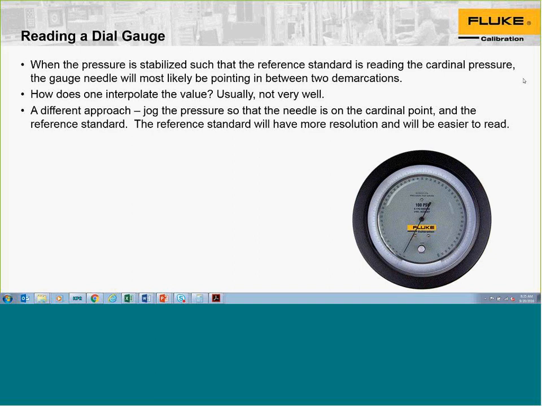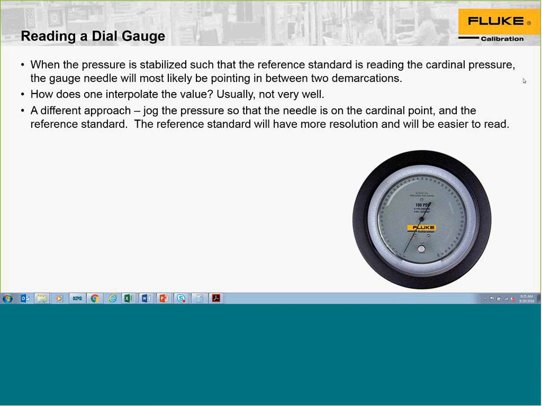It may be pointing exactly at 50 psi, that is, I've selected a gauge to calibrate that has no error at that point. But as you know, the point of calibration is the fact that gauges and devices rarely have exactly no error. So it's much more common that we're going to get a point where the needle is slightly off of a cardinal point. It's halfway between 50 and 51, or 50 and 50.5.